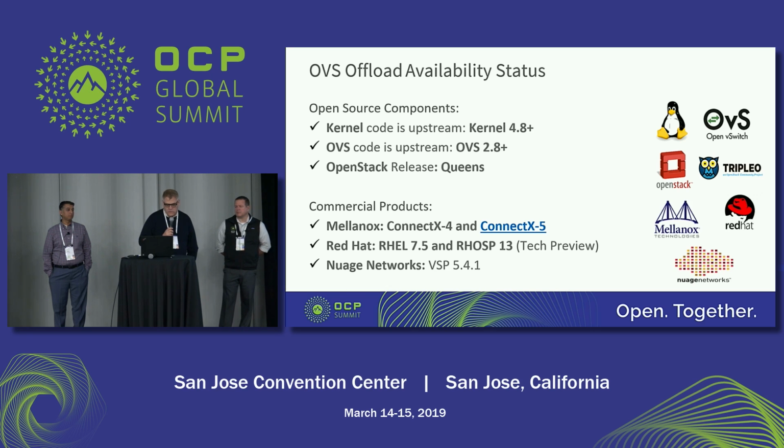And then OVS carries the TC Flower interface to the NIC, and from 2.8 on, OVS has supported this. And then OpenStack Queens provides the integration required to actually deploy this if you want to use an OpenStack type environment. And then commercially, the Nuage VSP 5.41 release, which has just come out now, is the first commercial version that actually supports this.